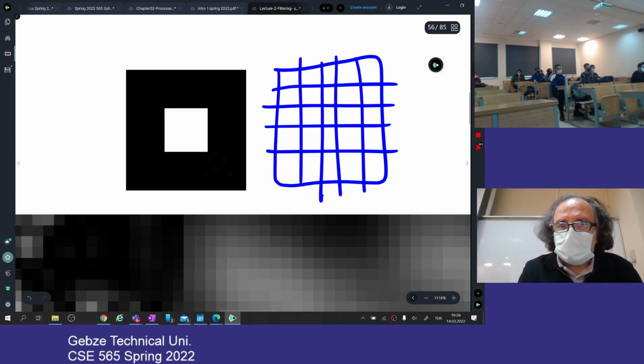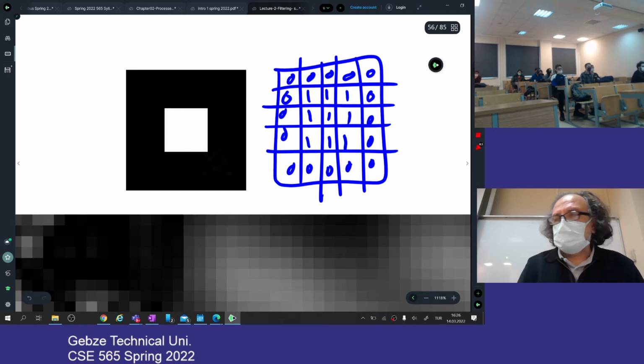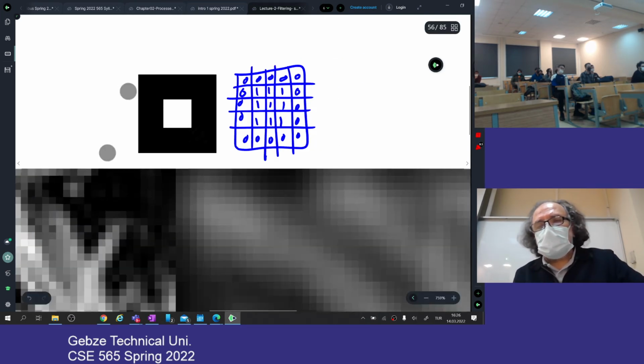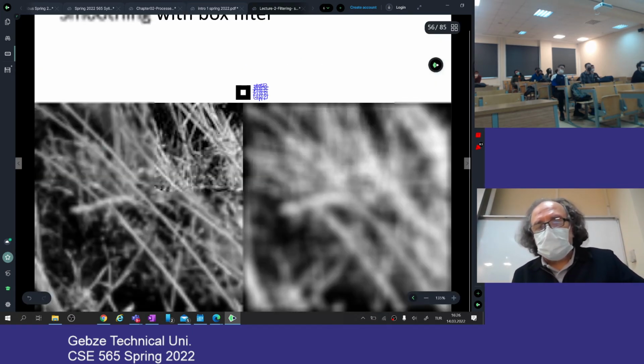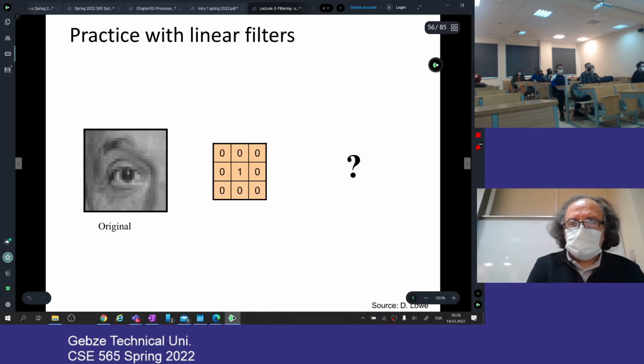Let's say it is 5 by 5. It is all 1s here and all around zeros. That's why it looks dark around and bright at center. Okay, so if I apply this 5 by 5 kernel to this image, it is blurred, of course.